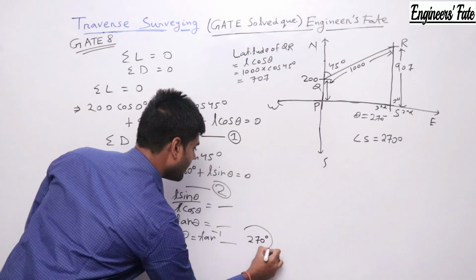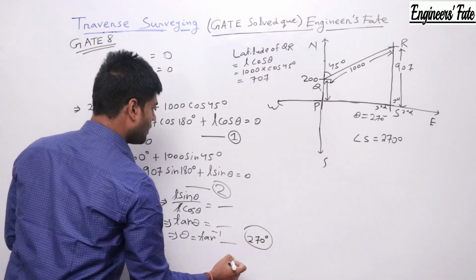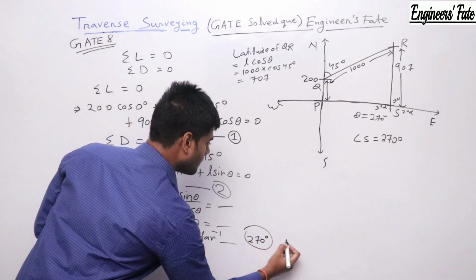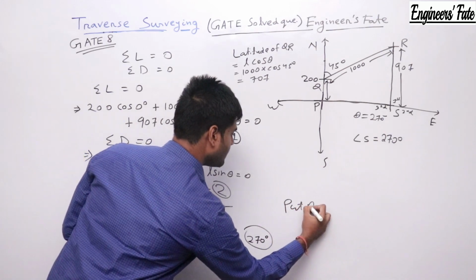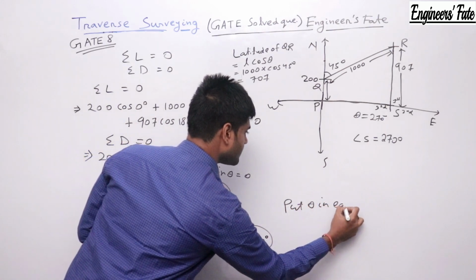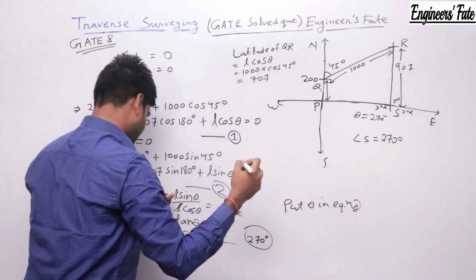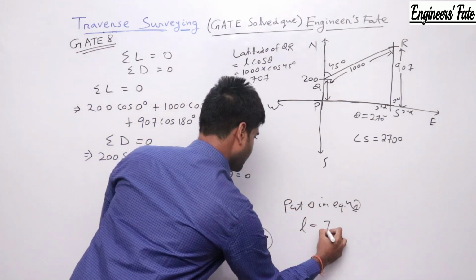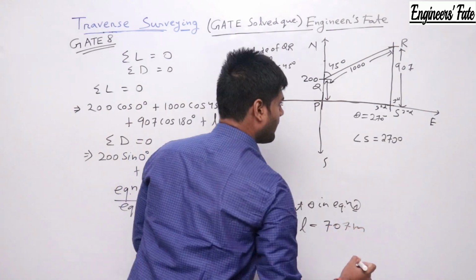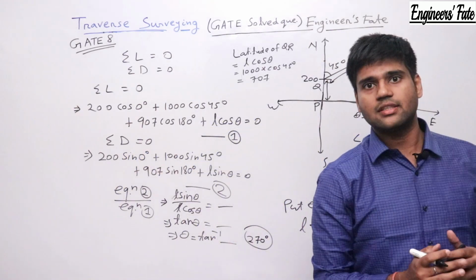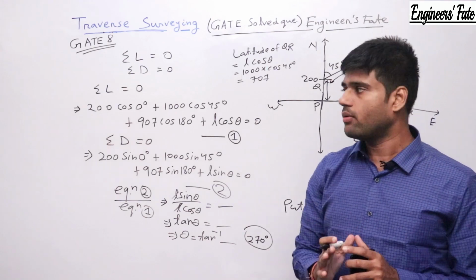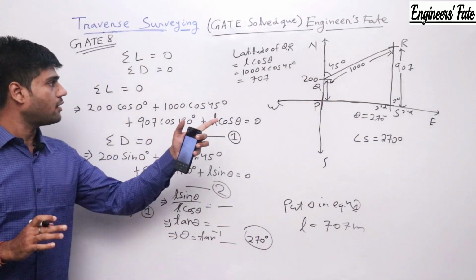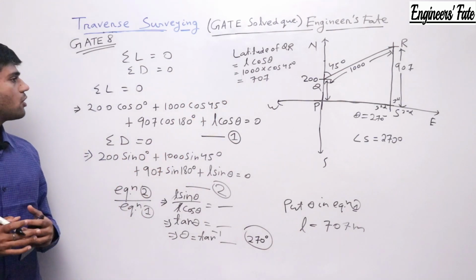Then if you put theta in equation 1, you will get the missing length as L equal to 707 meter. I hope you have understood this very important thing. So please make a note. You have learned how to draw a traverse.